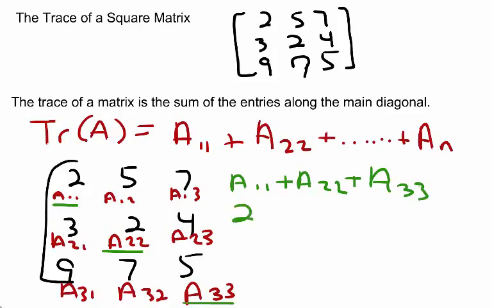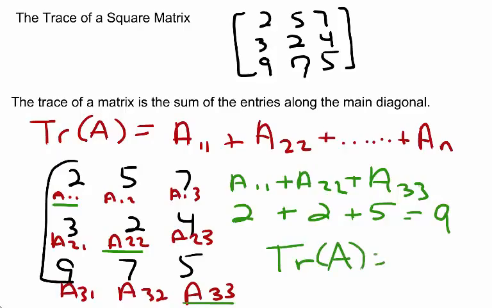That is 2 plus 2 plus 5. So the trace of matrix A for this square matrix is equal to 9.